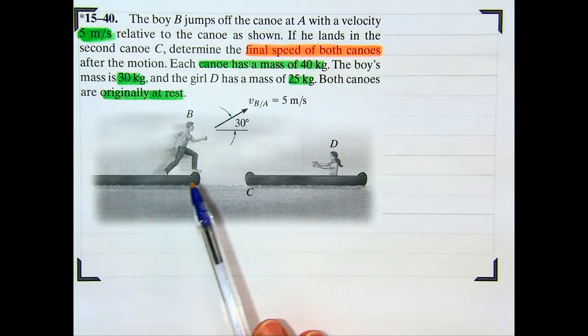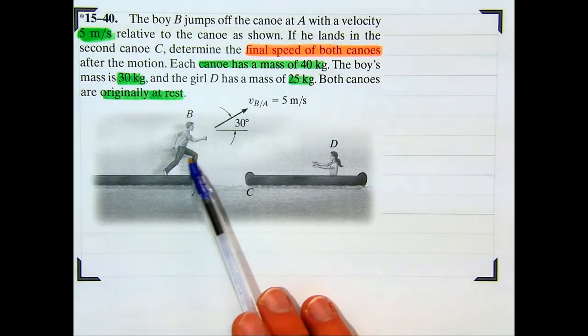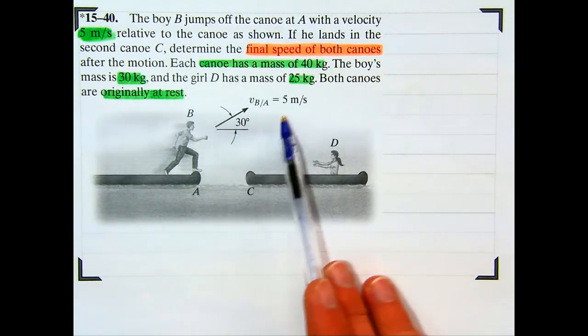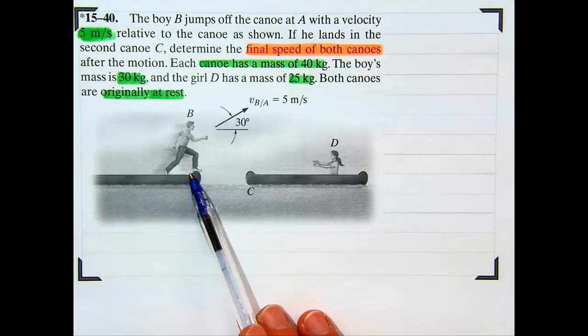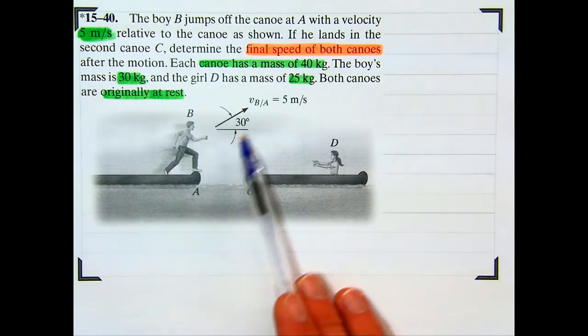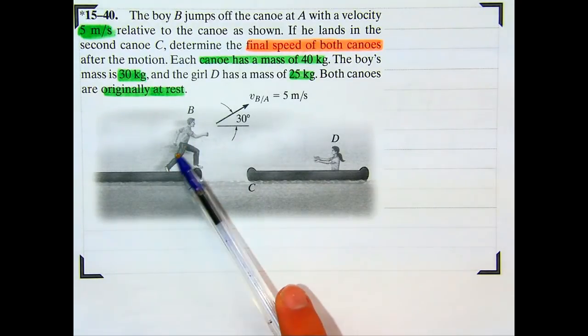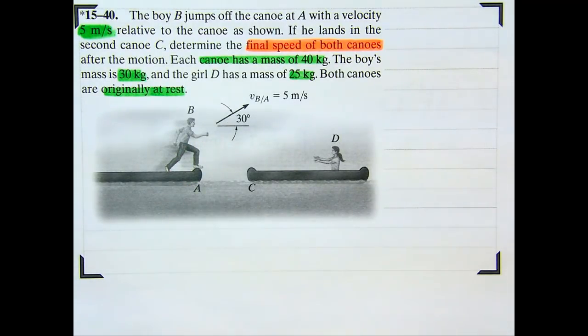But since canoe A is actually moving to the left, he would be moving, say, a bit slower than the 5 meters per second, because as he tries to jump off, the canoe would give way under his feet, so he won't actually be able to retain that exact velocity. Let us go and consider the explosion as he jumps off the canoe at A.